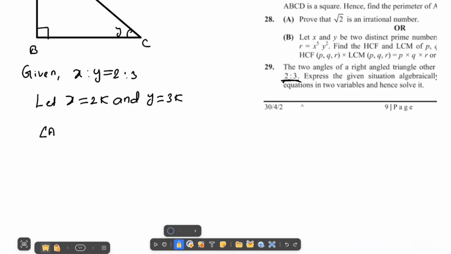The angle at A is x, the angle at C is y, so x plus y is equal to 90 degrees.